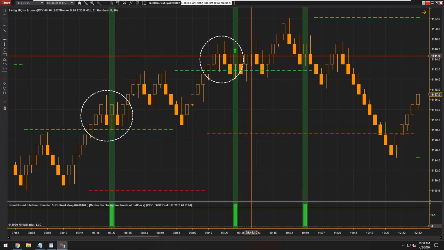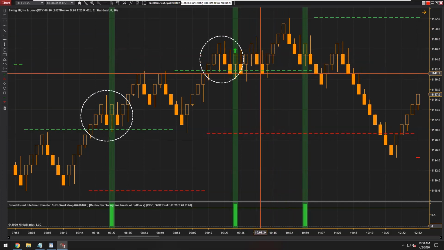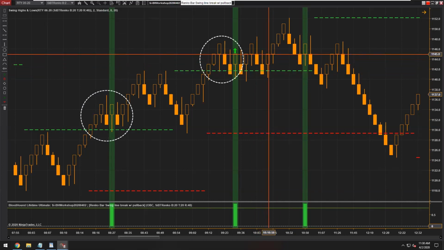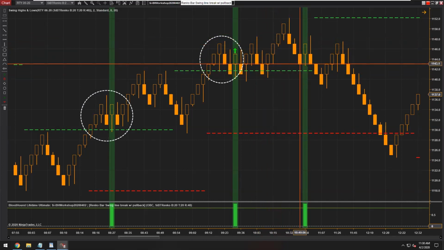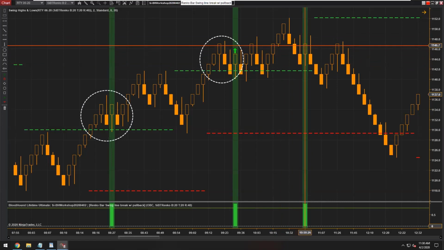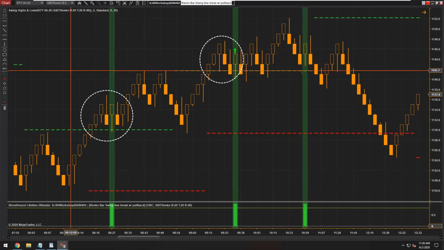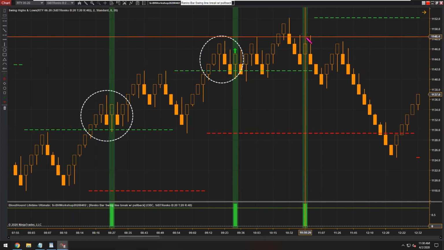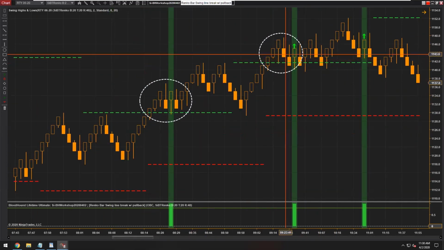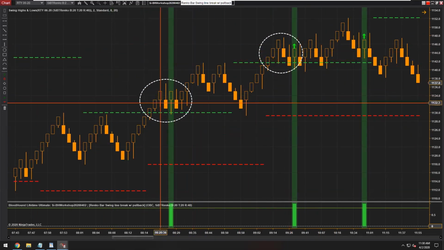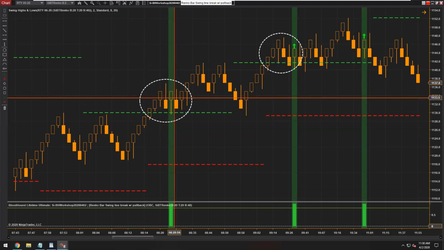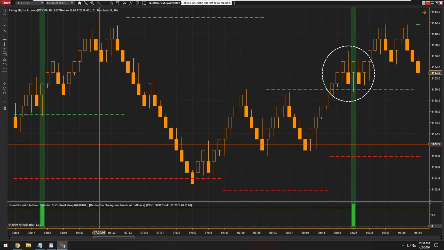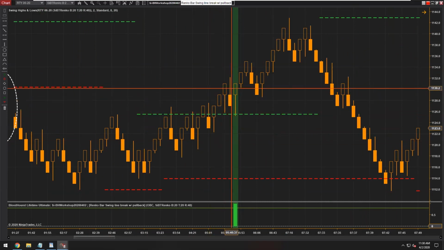Here, let's see. Yeah, price crossed down and then crossed back again. We have our pullback and then bingo, signal bar. All right, signal. And oh yeah, another one. Well, yeah, I actually had that one circled, so great. And yep, another one.